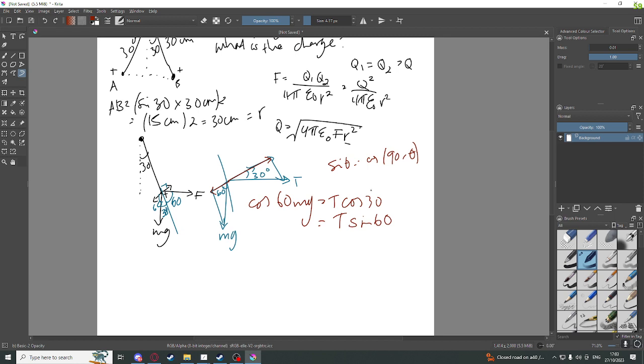Okay, so T, what did I label as T? Sorry, that's supposed to be F. So F is equal to mg over tan 60. Okay.